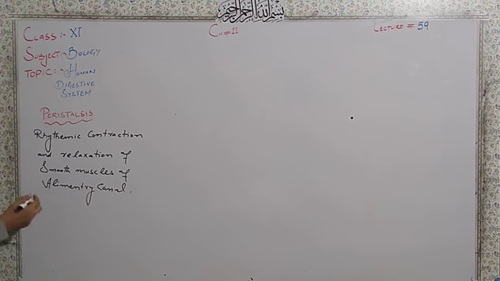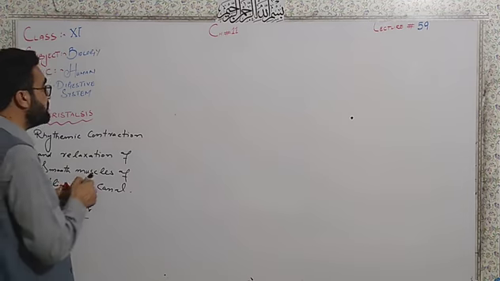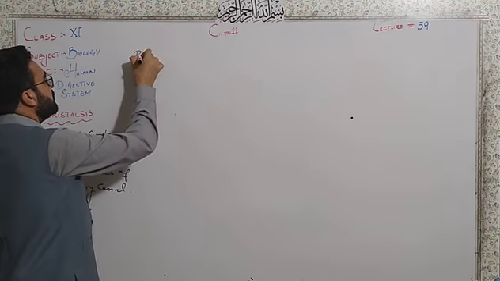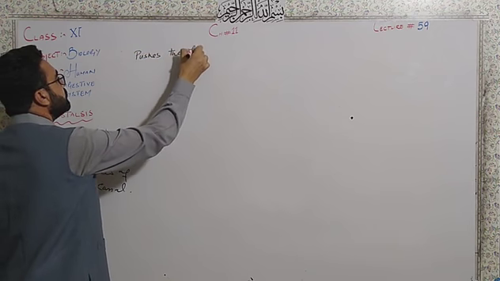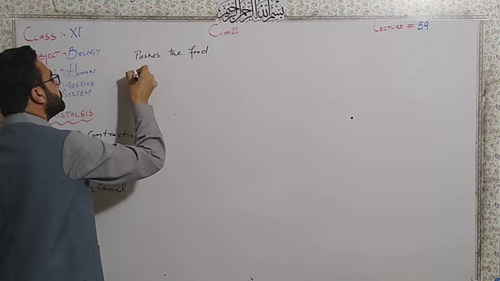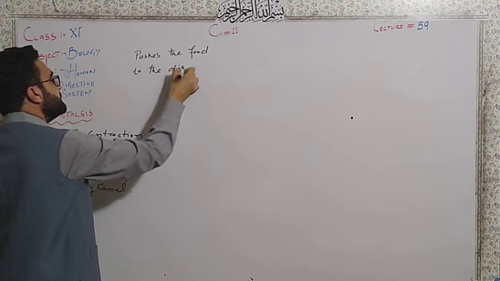The muscular layer is made of smooth muscles, and these circular muscles contract and relax, creating a wave-like movement which pushes the food along the digestive system.